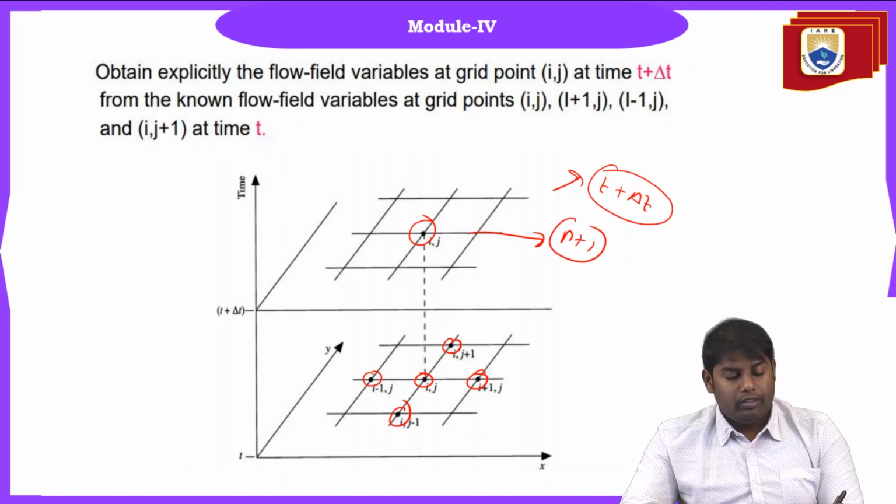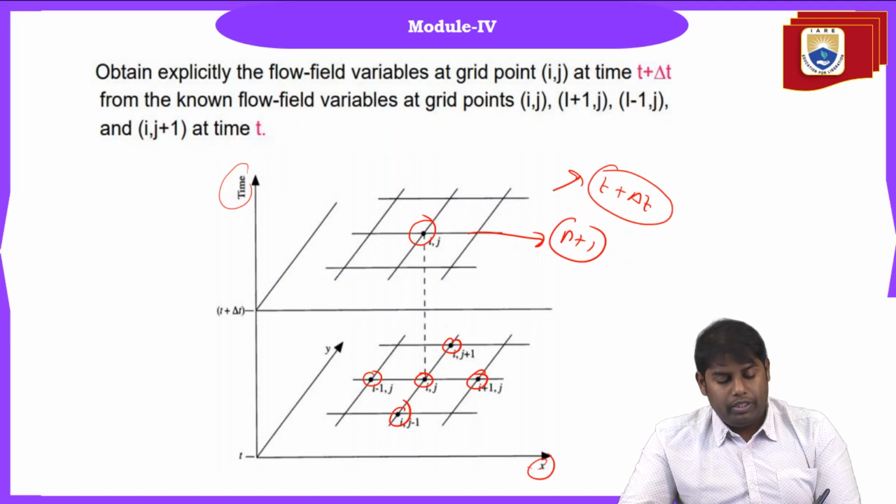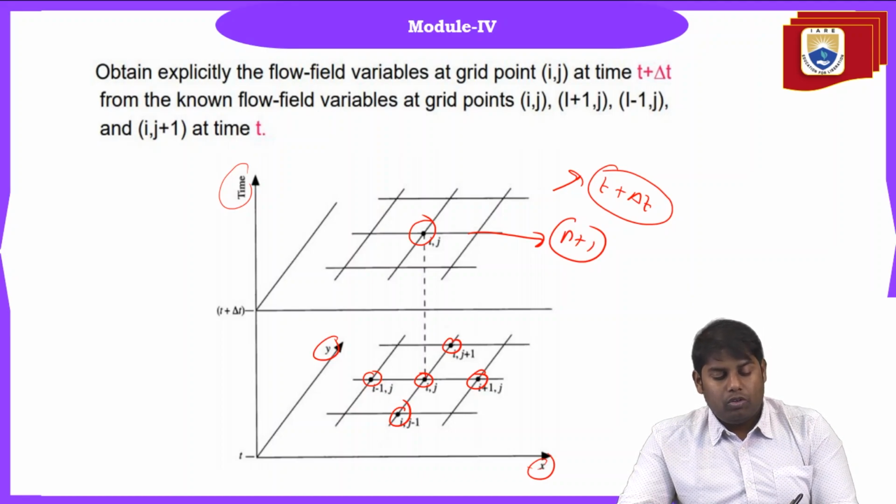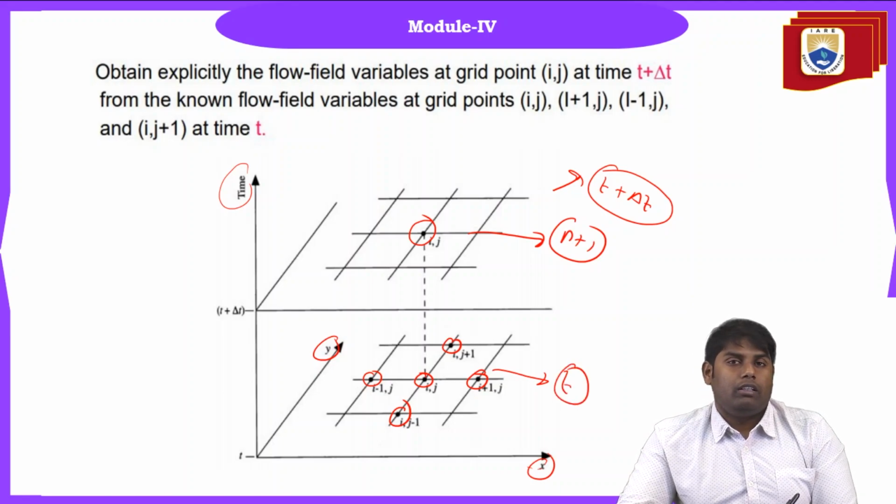So what do we have? The time and the x coordinate. When you see the values of x and y coordinate, the values of i comma j, this is one plane, which is the plane of t, or the initial plane, or the plane with initial conditions.